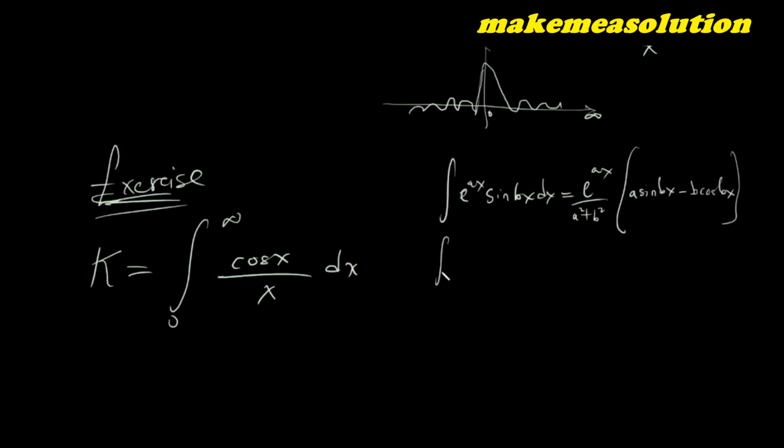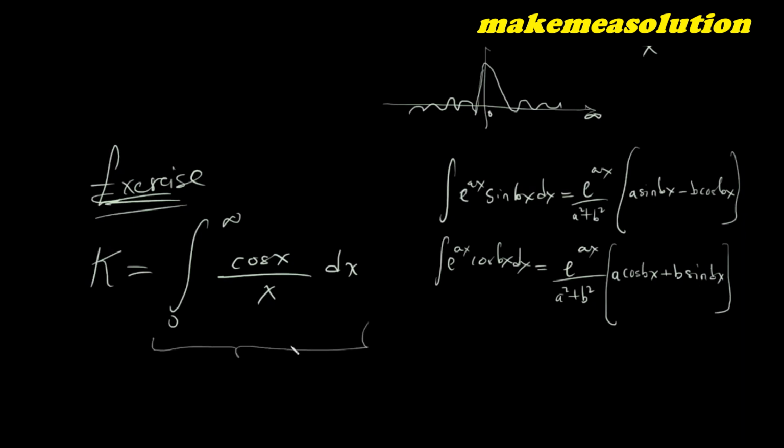And if you have the integral of exponential ax cos bx dx, you're still going to get exponential ax over a squared plus b squared, and of course this is going to be a cos bx plus b sine bx. So this is what you're going to get. You can use your knowledge of standard integrals, or your knowledge of Laplace transforms, and tell me what will be the answer to this integral. Does it converge? Does it diverge? I'll leave it for you as a proof.